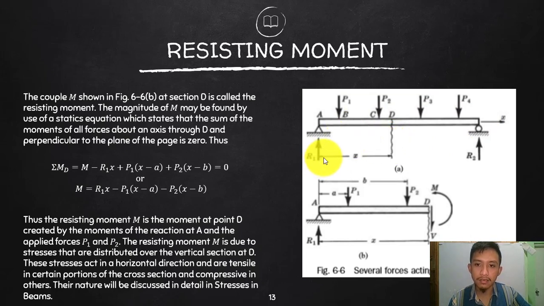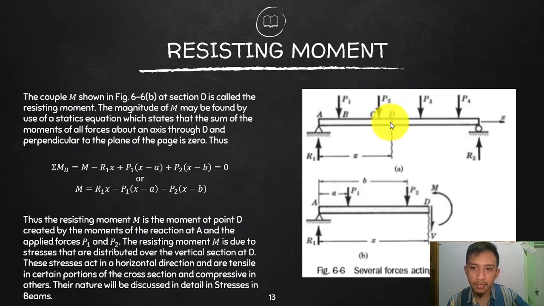So that once you have your equation, all you need to do is substitute. You want to know the internal moment and then internal shear at a certain distance from A, then all you need to do is input the value of x. So as you can see here, this is an example of a moment equation, and that is derived at your section D, or within this part of the beam, between P2 and P3.